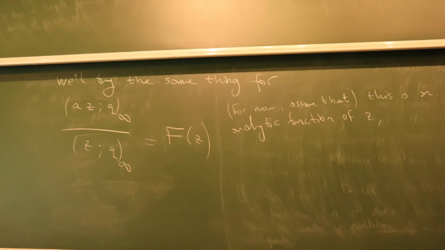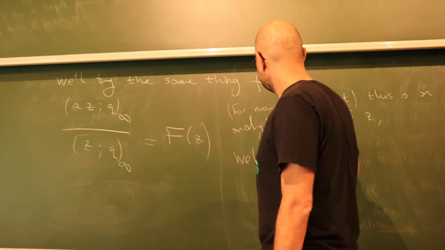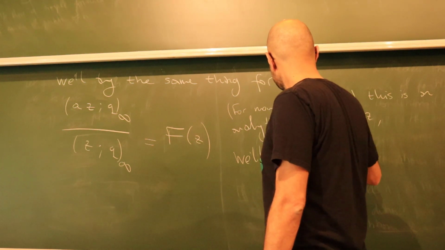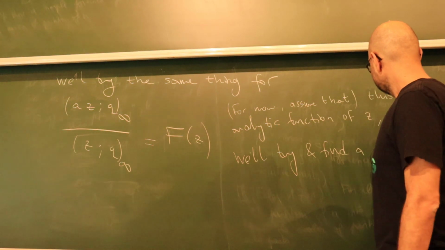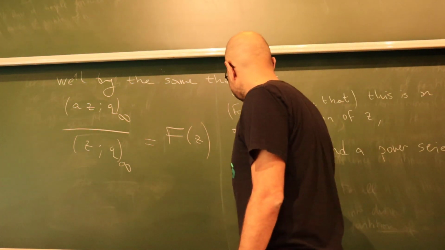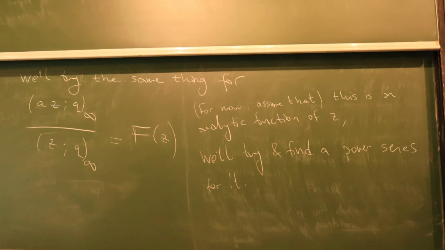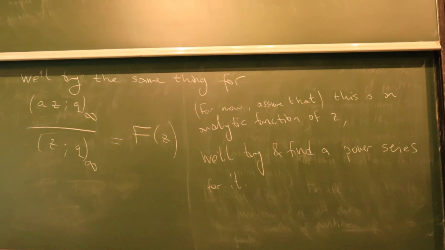And we will try and find a power series representation for it. Now, what happens if we multiply z by q? Or what happens if we replace z by zq?